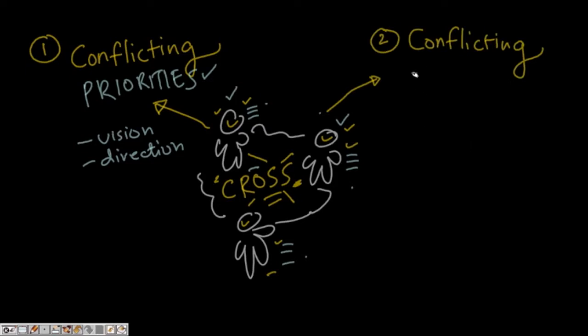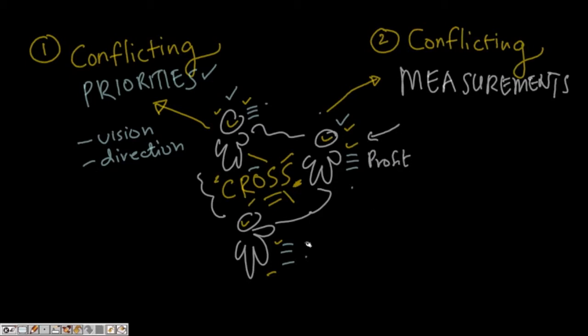The second situation that gives rise to cross-functional strife is conflicting measurements. One person might be measured on profit, the other one could be heavily measured on quality, and while this guy is pushing for profit at the expense of quality, then you have the tension arising between these two parties, and what do you have?